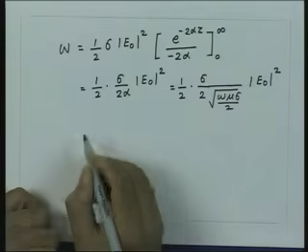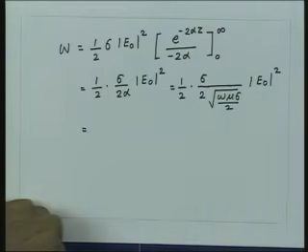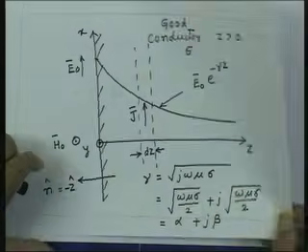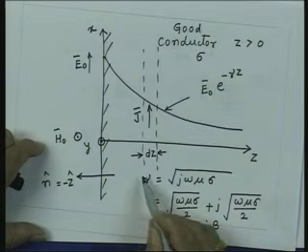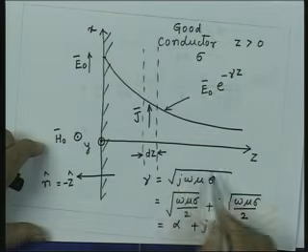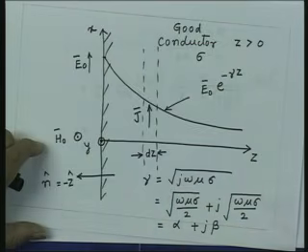Note here that alpha is this quantity, but mod of gamma is square root of omega mu sigma.